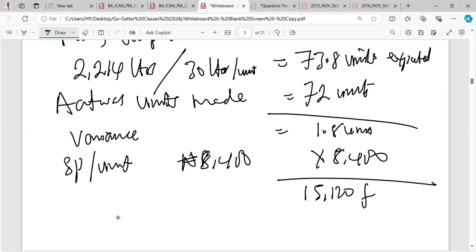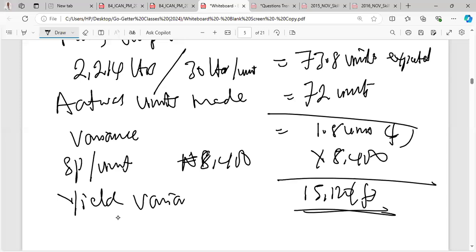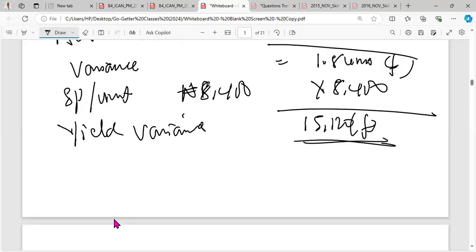So this is still favorable. And this is your yield variance.